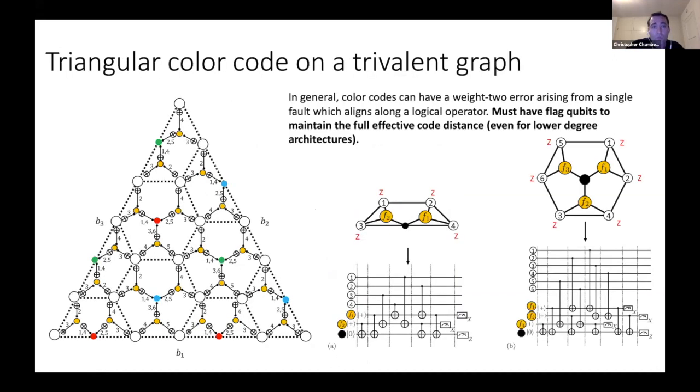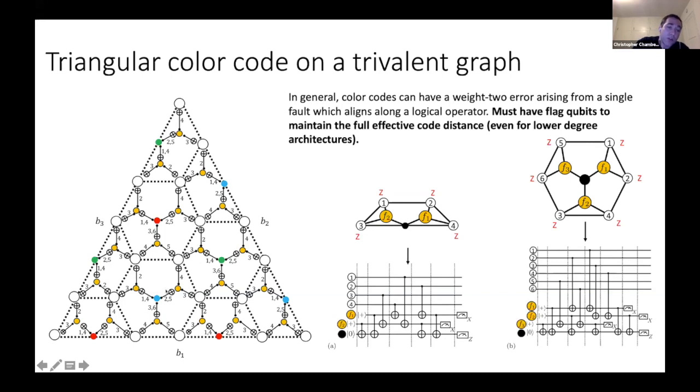Okay. So lastly, while talking about codes, I'd like to mention that you can also implement the color code on a degree 3 graph. The standard way that you construct the triangular color code families is to have a tiling of hexagons where the white vertices here correspond to data qubits, and you'd have one ancilla qubit to measure the parity of the stabilizer measurement, or to measure the stabilizers.